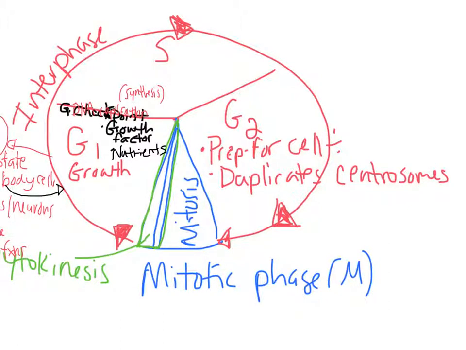And then it gets to the part here, which is called the G2 checkpoint. This is another one where the cell needs the correct combination of nutrients and signals in order to go into the actual division called mitosis.